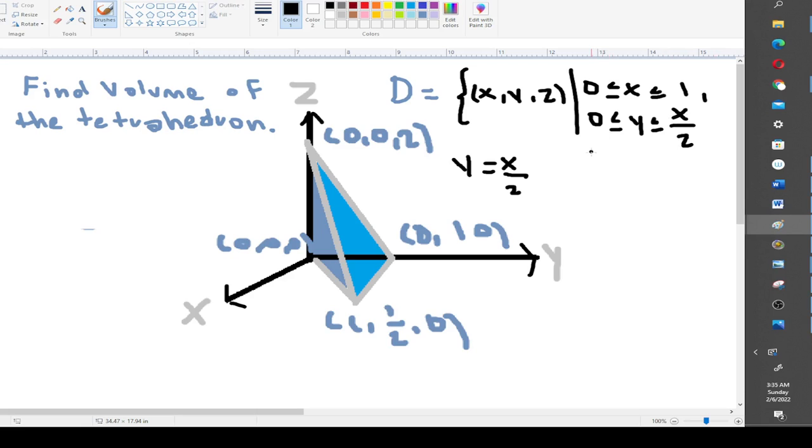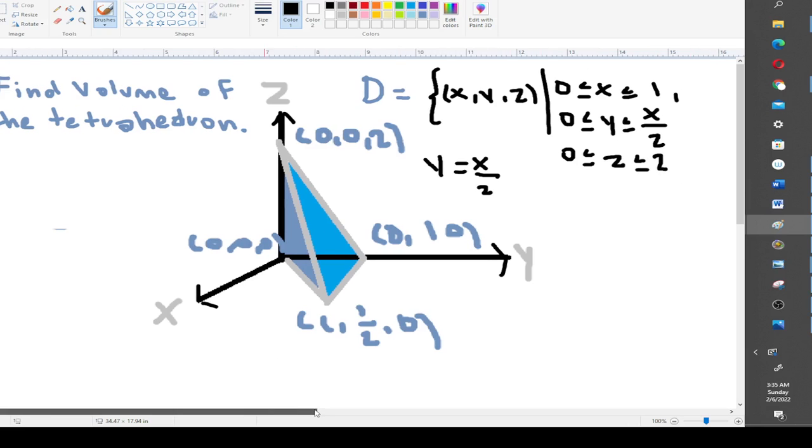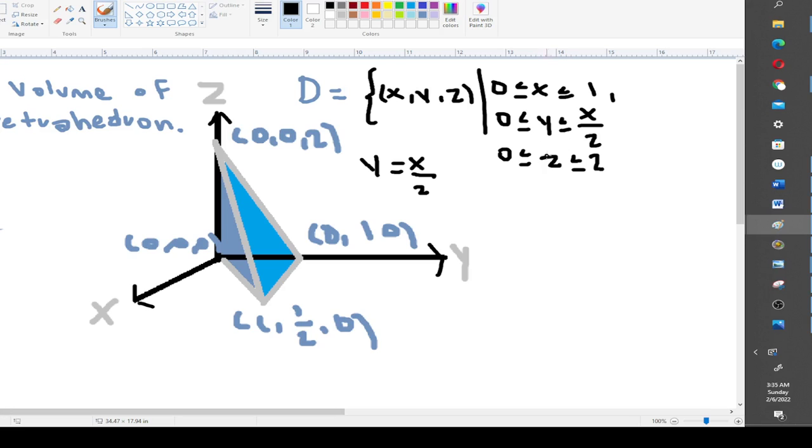And then lastly for z, we can represent that as 2 minus, so the highest we're at, we have 2. And then for the rest, we observe that when we get to 0, 1, 0, our z is 0.